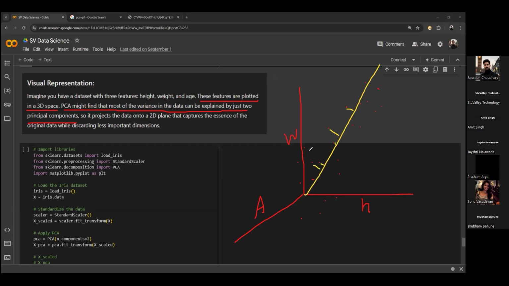particular PC1, our first principal component line, like this.